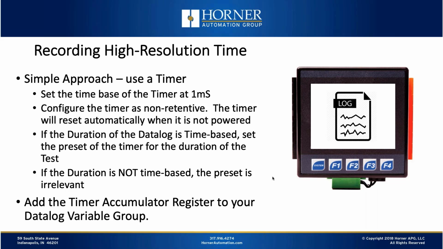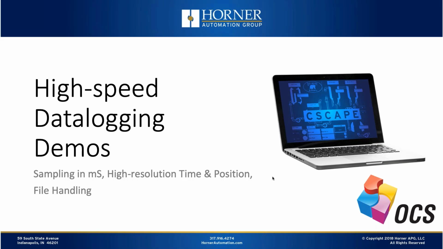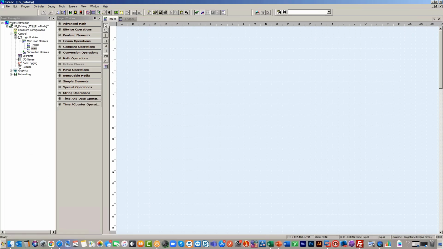We just want to use it for a display of milliseconds in our data log file. So that's a trick we can use, if you will, for showing milliseconds or increased resolution of time in our high-speed data log.